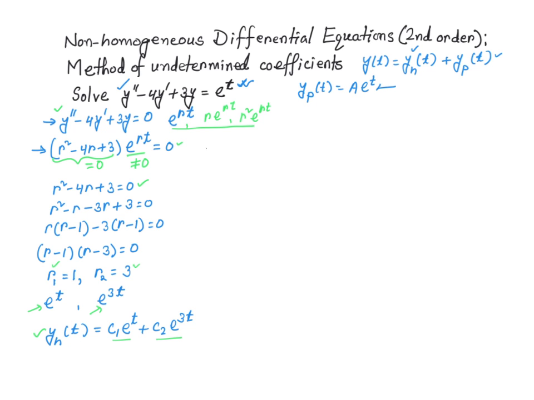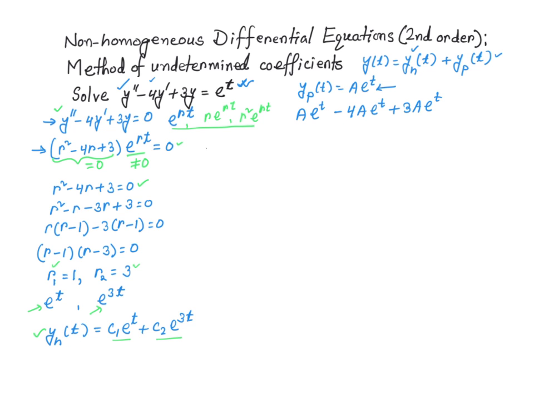Now I'm going to plug it into this equation by taking the first and second derivative. So what is it going to be? A times e to the power t, because of the double derivative, minus 4 times a times e to the power t plus 3 times a times e to the power t.